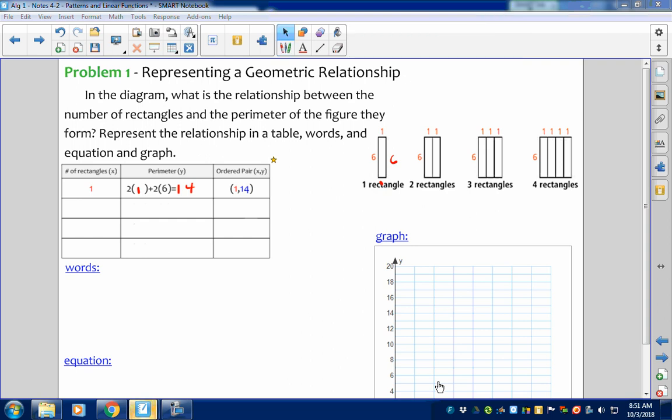What happens if we place 2 rectangles side by side? How does that change the perimeter? Well, now we have a 6 here, a 6 over here. So that hasn't changed. What has changed are the widths.